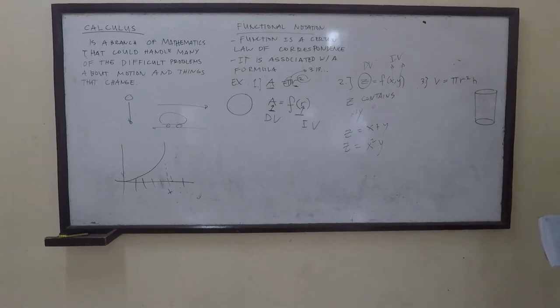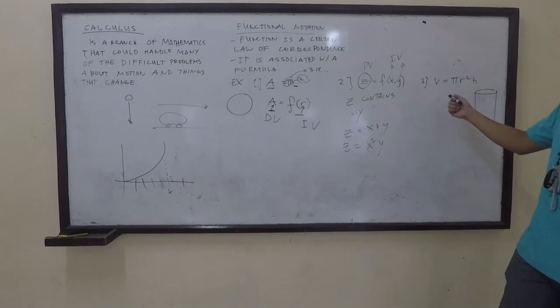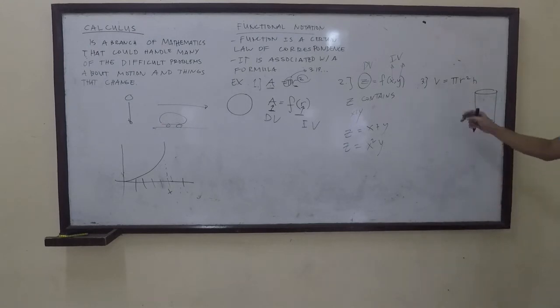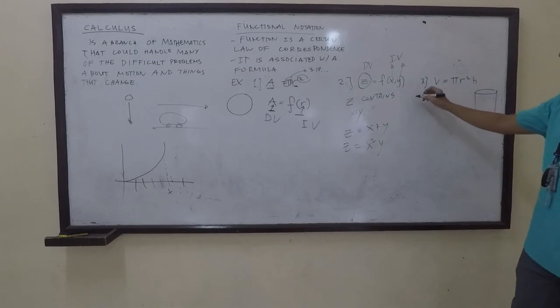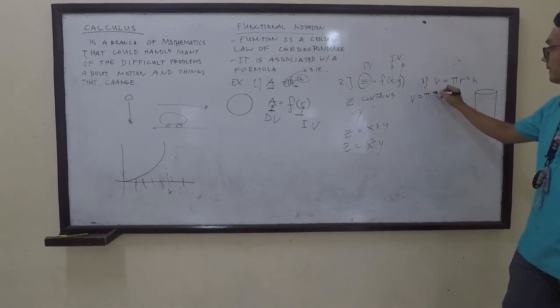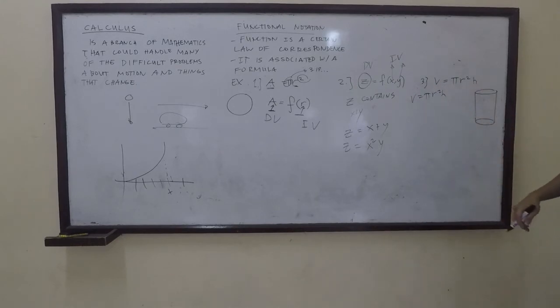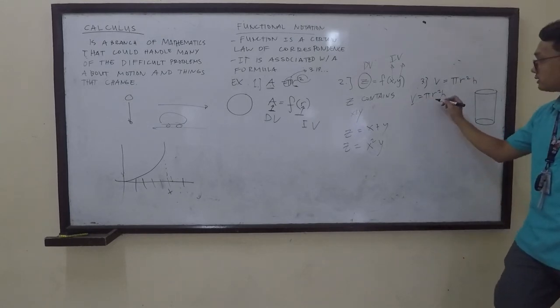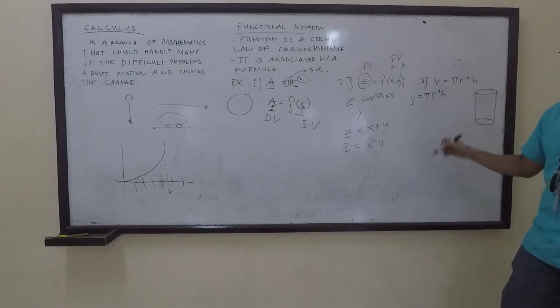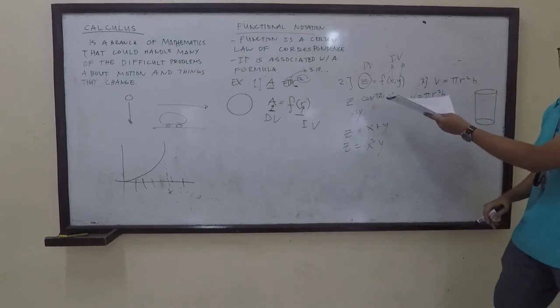Okay, next example, V is equal to pi r squared h. This is the formula for the volume of a circular cylinder. This formula contains three variables, just like number 2.